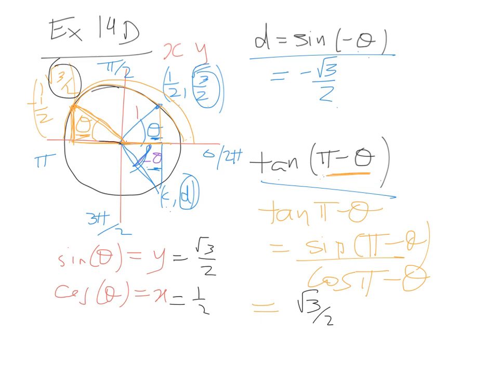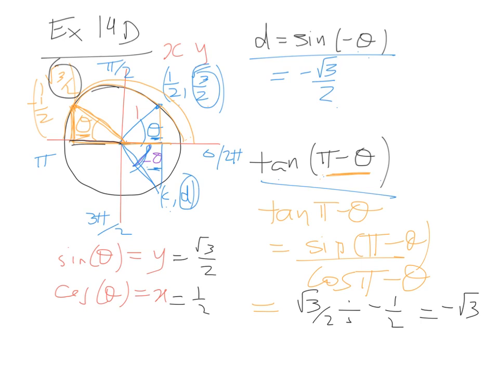Cos of pi minus theta is this here, which is negative, so divided by negative 1 over 2. What do we end up with there? We end up with negative square root of 3.